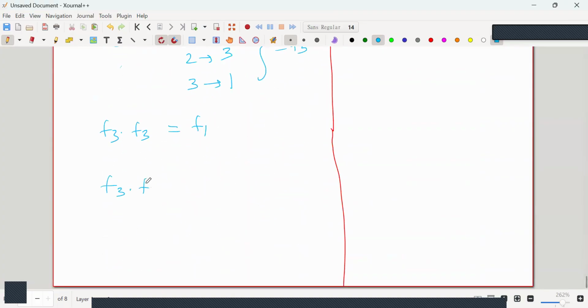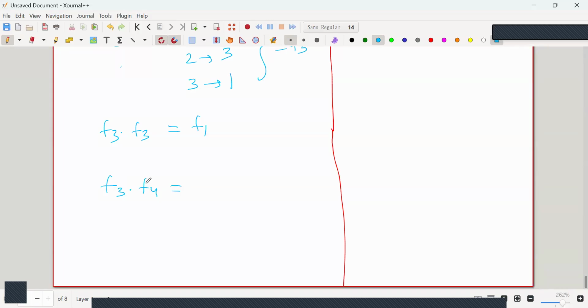F3 compose F4. So this will be 2 going to 3, 3 going to 2, 2 going to 1, 3 going to 2, 2 going to, and 1 going to 3.